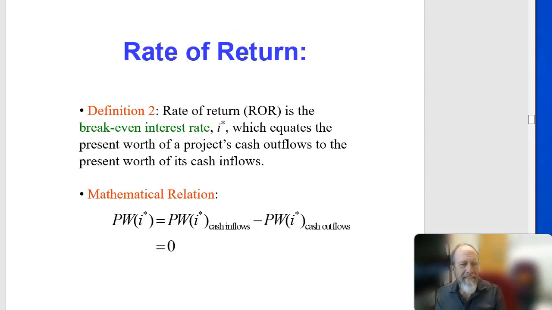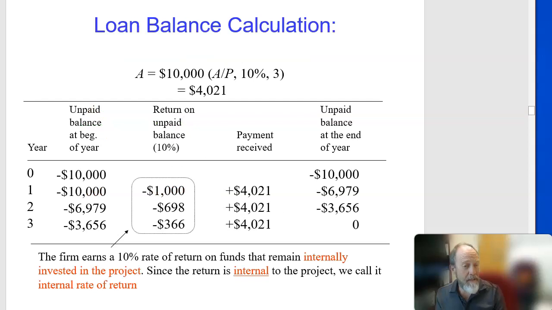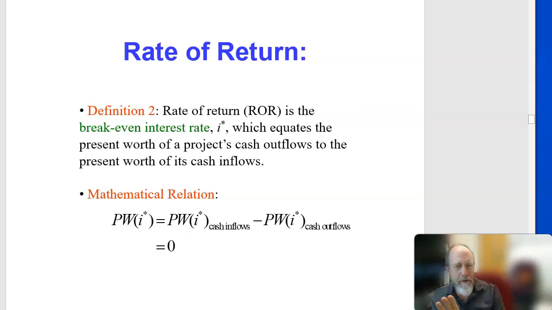Now, we're going to talk about ways to solve this, by the way. You know one. So, another definition: it's the break-even interest rate, which gives you 0 between the present worth of the cash inflows and the cash outflows.